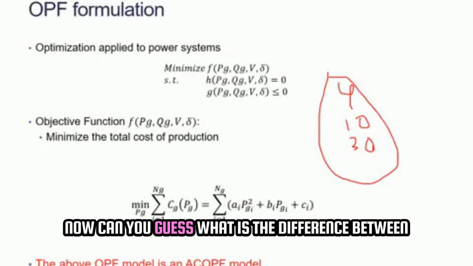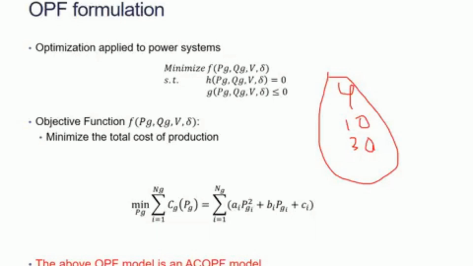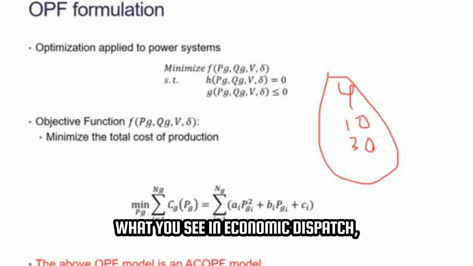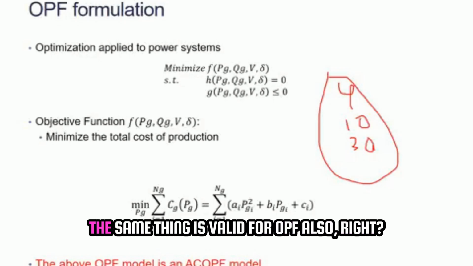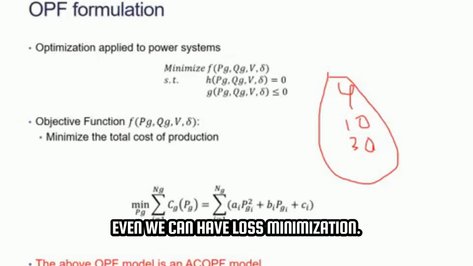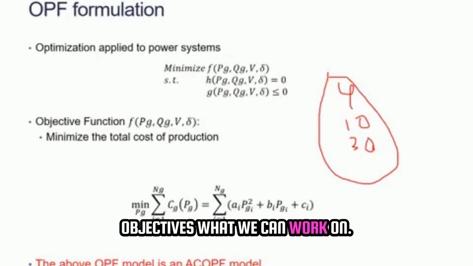Now, can you guess what is the difference between economic dispatch and OPF? Because all the practical importance you see in economic dispatch is also valid for OPF. So cost minimization, or even loss minimization, we can have many other objectives, but let's talk about economic cost minimization.